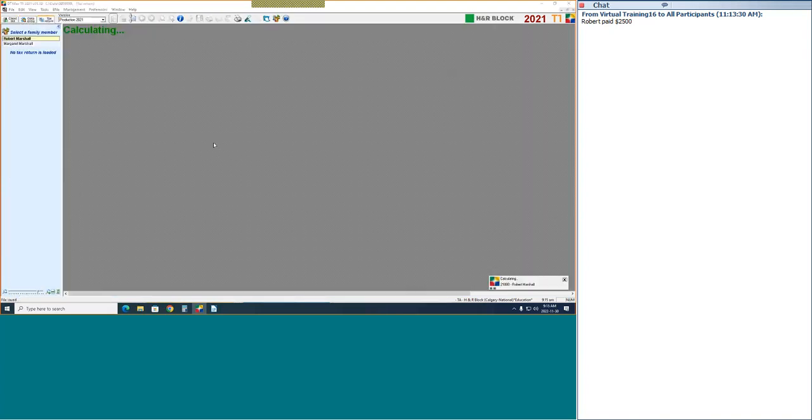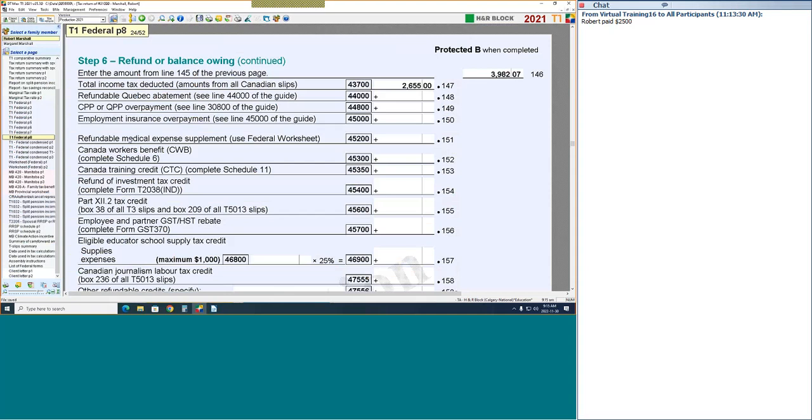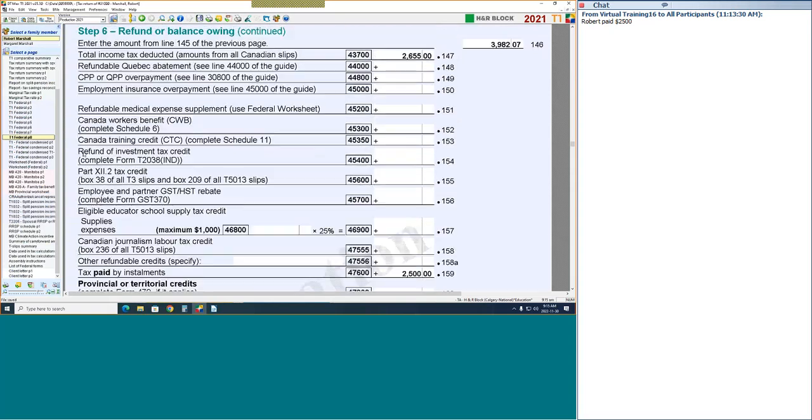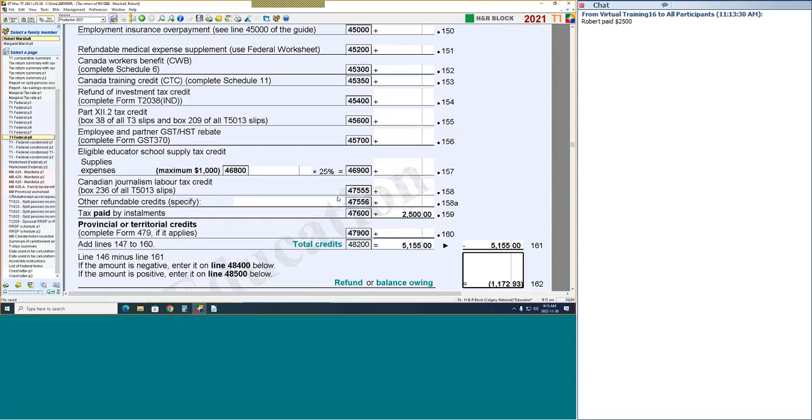If I go to the tax return now, we're going to find it's not going to change the split pension because this happens at the end of the return, but it is going to adjust Robert's income. So Robert will now have received the tax deducted based on the pension split that we calculated was beneficial, and will have tax paid by installments showing up at the bottom.